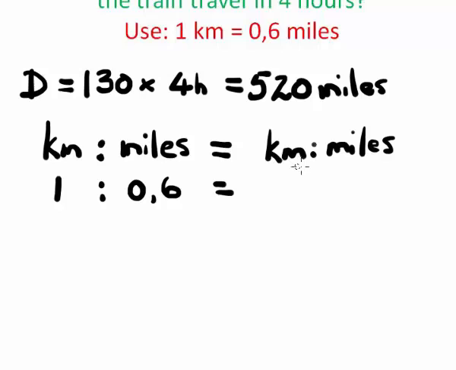We want to know how many kilometers we've got. We don't know what it is, so let's call that x kilometers. I know this sounds like math, but this really is the easiest way of doing it. Now, how many miles have we got? We have got 520 miles.